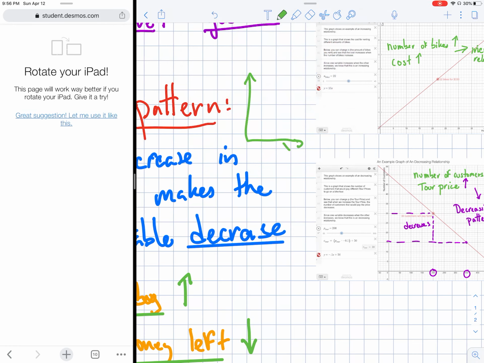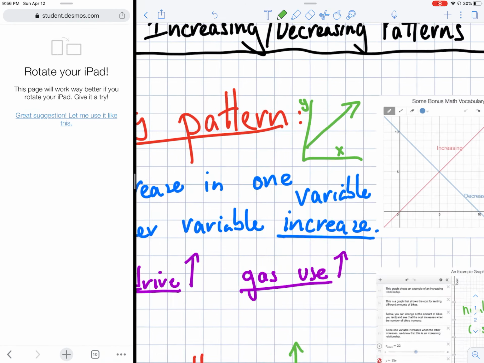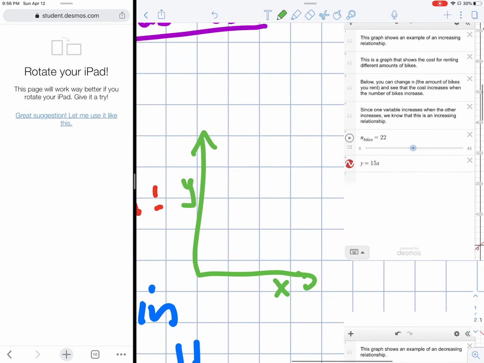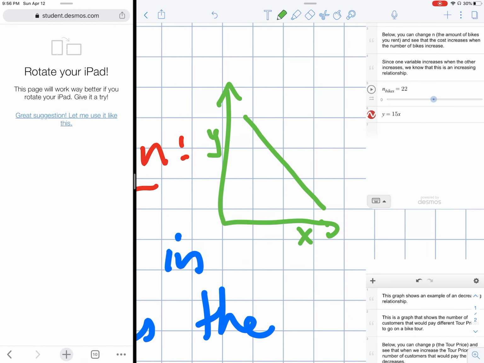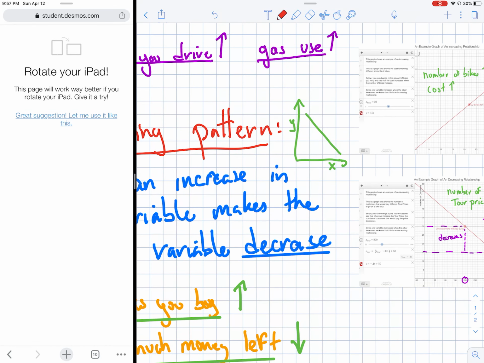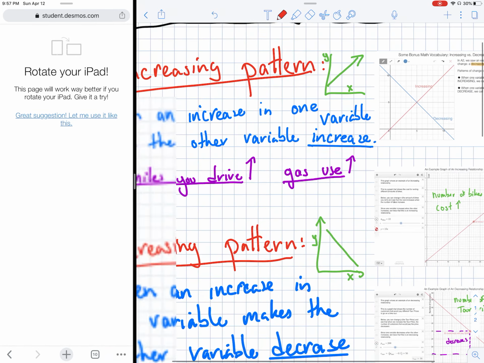We said an increasing pattern makes this shape where it's going up and to the right, and a decreasing pattern goes down and to the right, right? Because as you get further along the x-axis, your y value decreases. Because when one increases, the other decreases for a decreasing pattern. We'll also talk about that more later because we have a name for that. We call it negative slope, and positive slope for an increasing pattern. We'll get there.